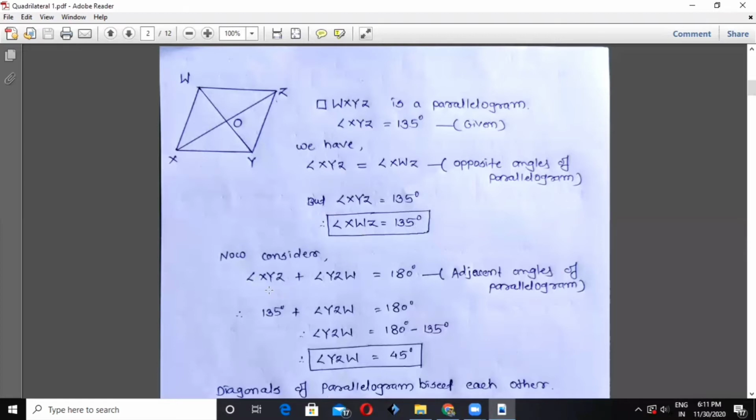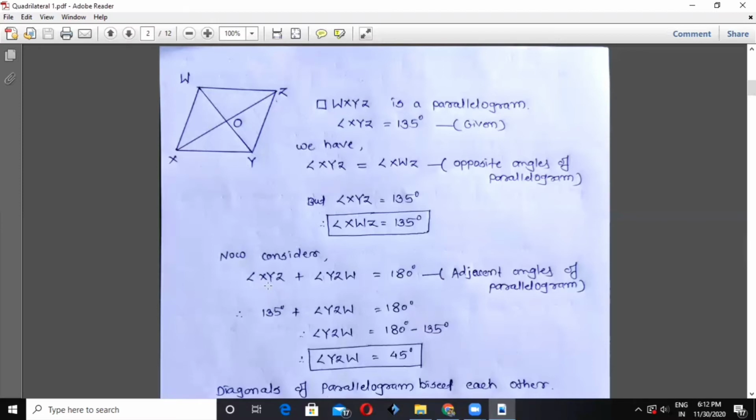Now consider another pair of angles of parallelogram WXYZ, that is angle XYZ and angle YZW. These two angles are adjacent angles of a parallelogram, and we know that adjacent angles of a parallelogram are supplementary. That's why their sum will be 180 degrees. That is, angle XYZ plus angle YZW is 180.